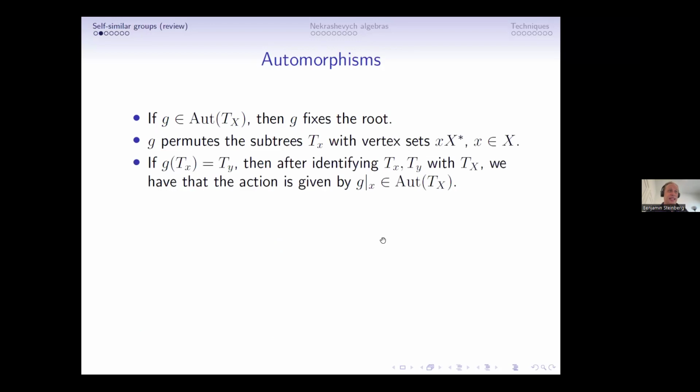And so if I do this identification, then the action of g taking the x tree to the y tree can be viewed as given by an automorphism of the original tree after we've done these identifications.